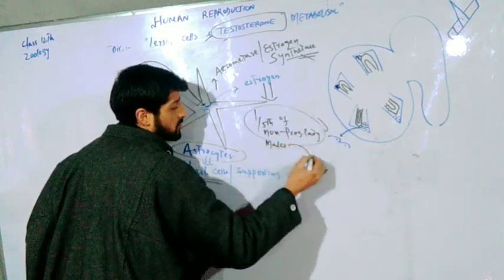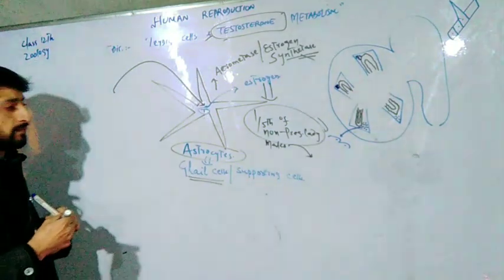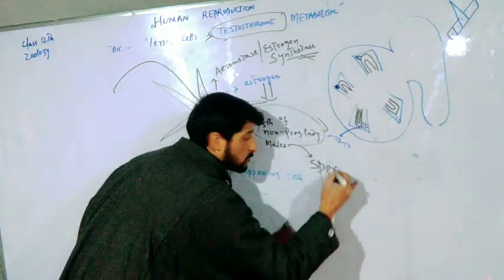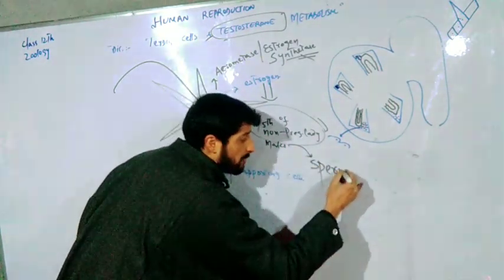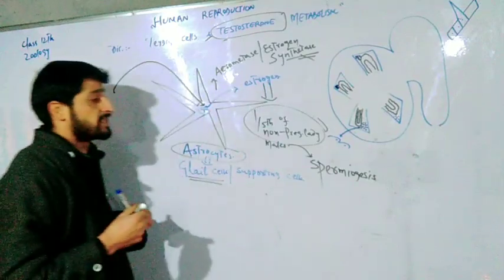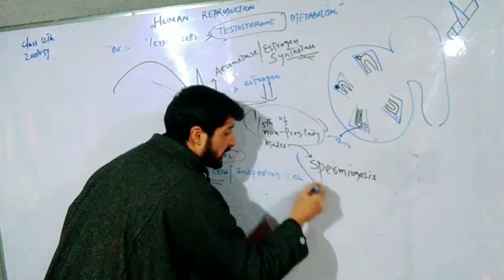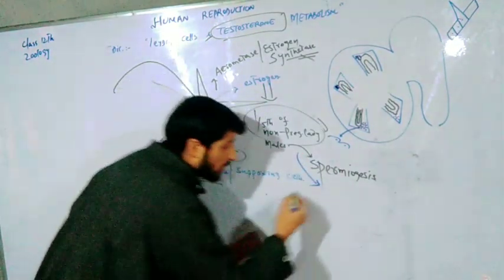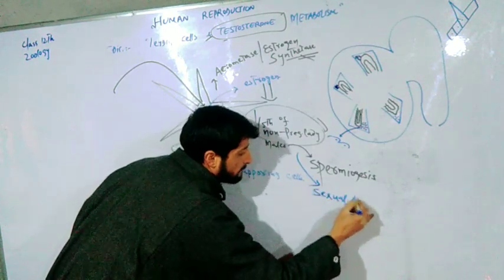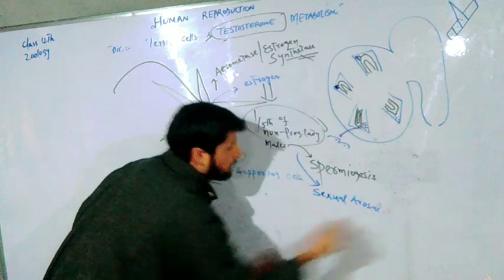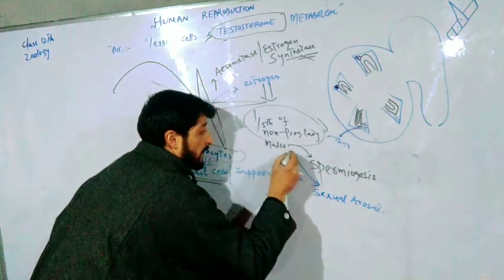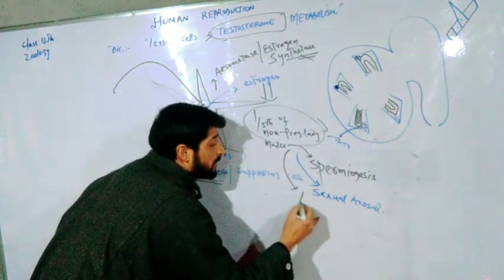Sir, this estrogen is essential for spermiogenesis. I will tell you this later. Not spermatogenesis, spermiogenesis. Estrogen is essential for spermiogenesis. Estrogen is essential for sexual arousal. Actually, estrogen is essential for libido.